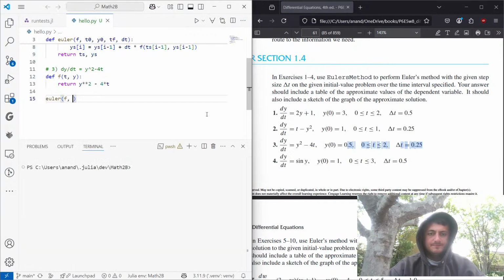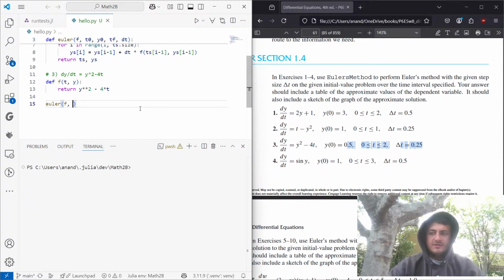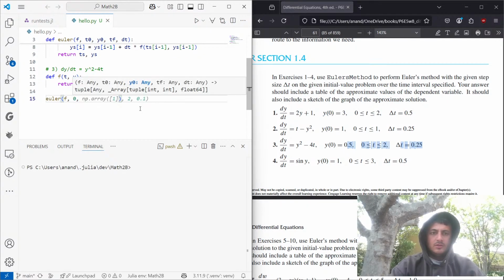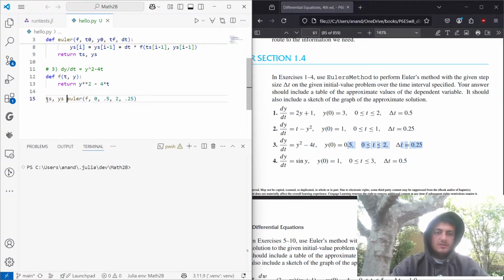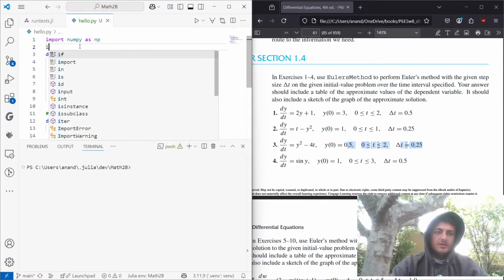Okay, good. So we have t0, which is 0, y0, which is 0.5. TF is 2, and dt is 0.25. Okay. T's, y's equals this. And I think we need to import.